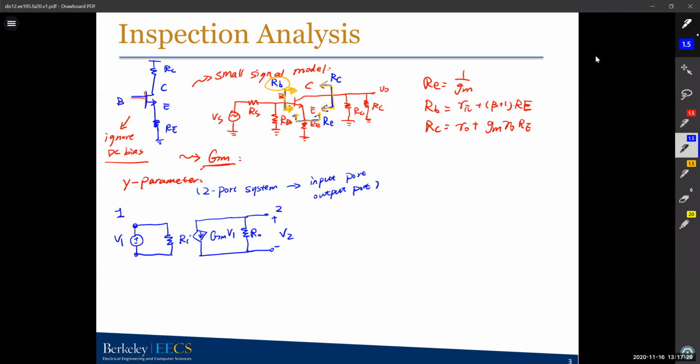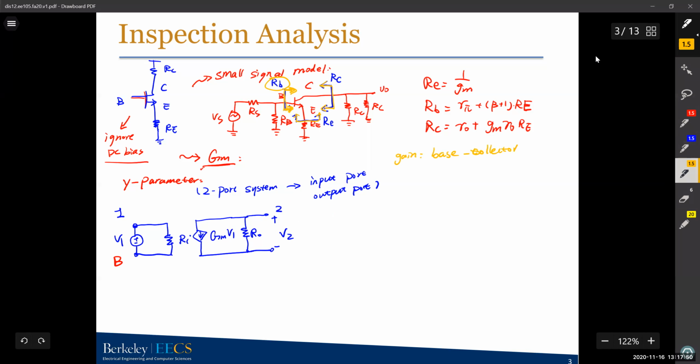And how do we use it for BJTs? We'll just say port 1 here is the base, and port 2 could be the collector or emitter or whatever. I'll use one example. If we want to find the gain from the base to the collector, that means we want to find VC over VB.